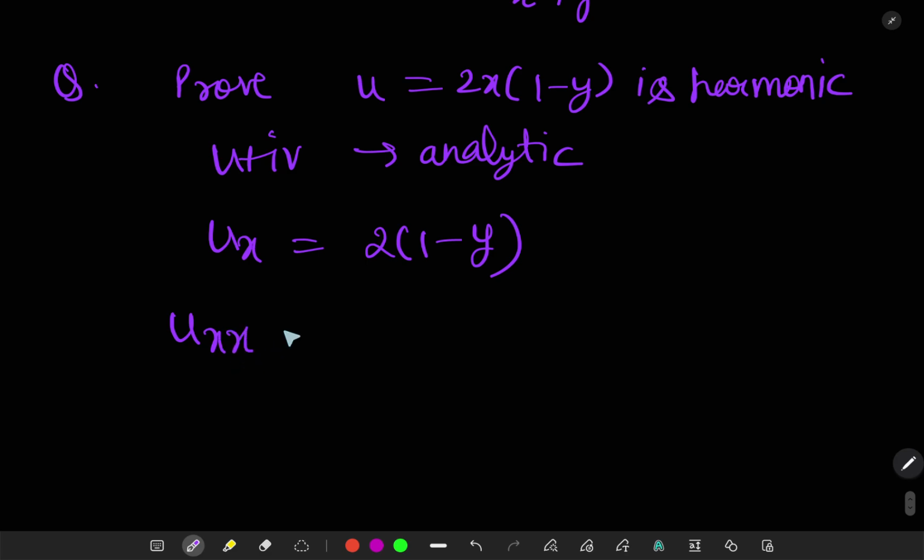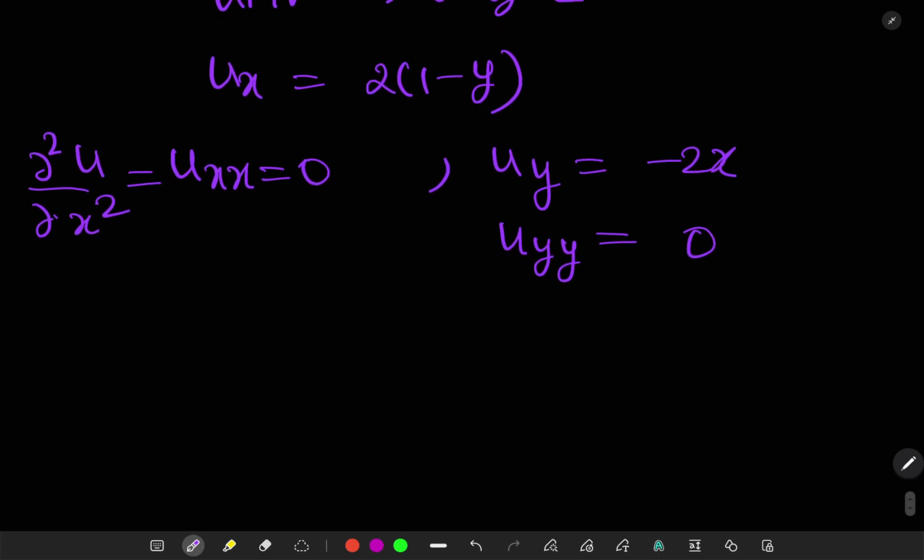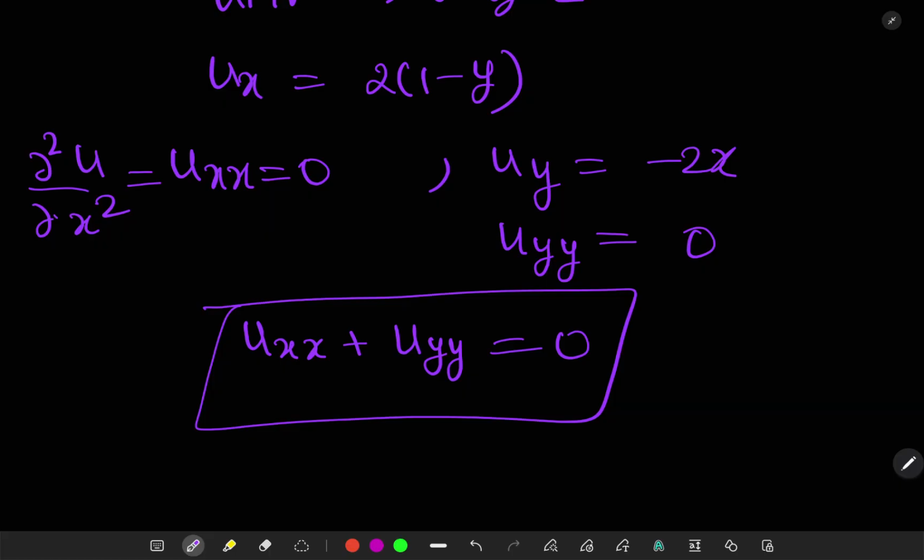If we find here del 2 u over del x square, which is equal to 0, as you can hear. And similarly uy is equal to minus 2x. And similarly, if we find the double partial derivative with respect to y, which is equal to 0, and if we write this here, this is the condition of harmonic.